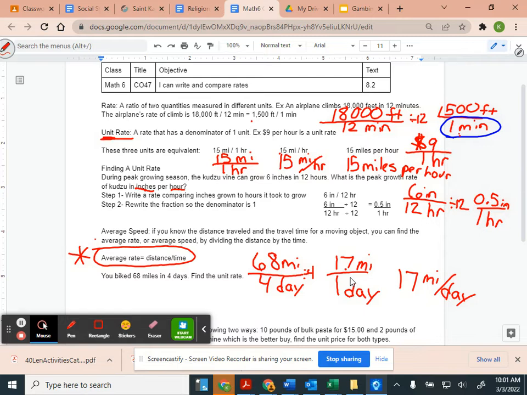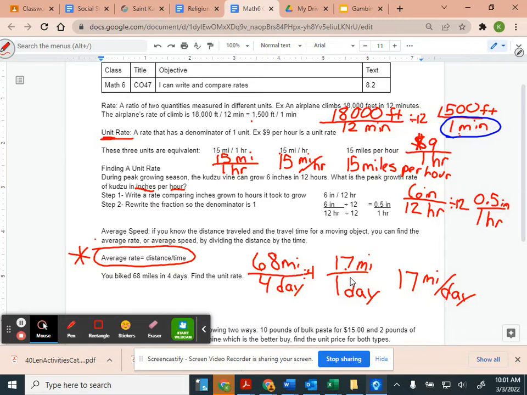So, Nolan, why did we divide it by 4? Because it equaled 1. Because we want it to equal 1. Yes. Kira, do you know what we're doing now? Yeah, I did it right. I just said it wrong. Okay.